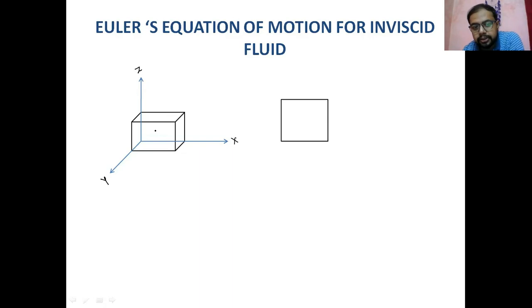Take one center point, the center of the whole parallelepiped. At that center point we consider the pressure to be P. P is the pressure at the center point of the parallelepiped element.